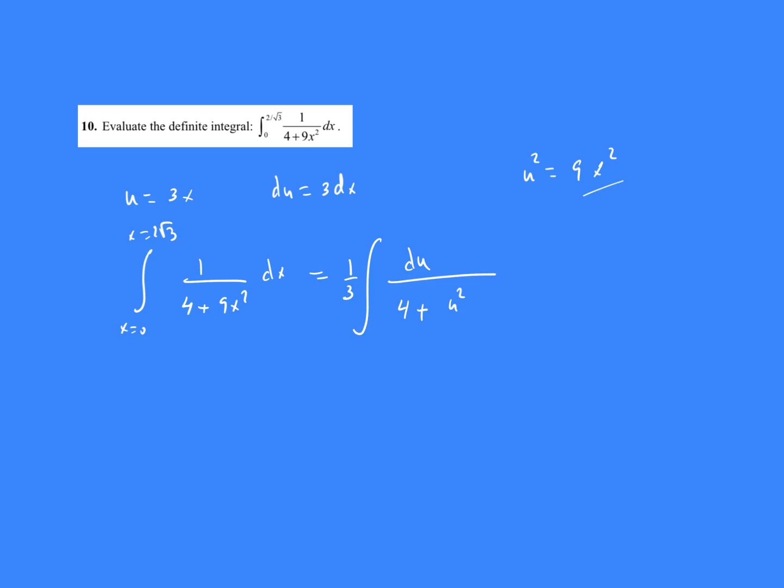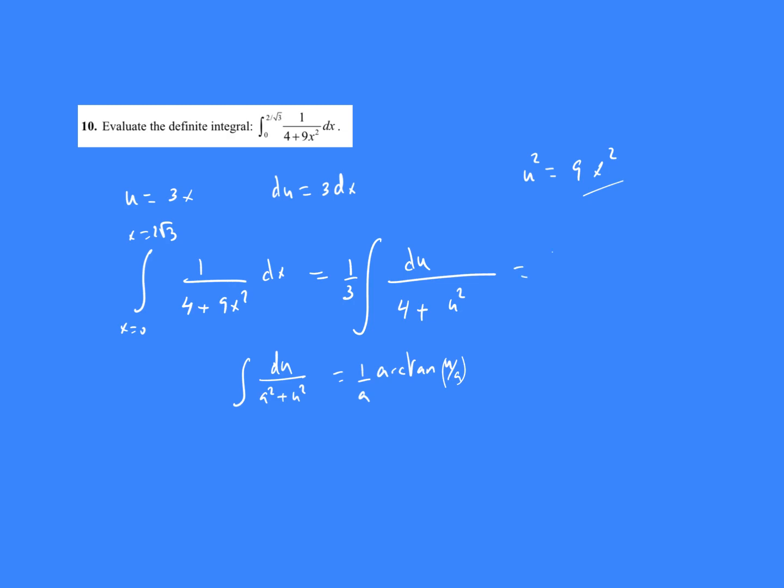And now it looks like an arctangent. So this is the integral of du divided by a squared plus u squared. This integral is arctangent of u divided by a, times 1 divided by a.